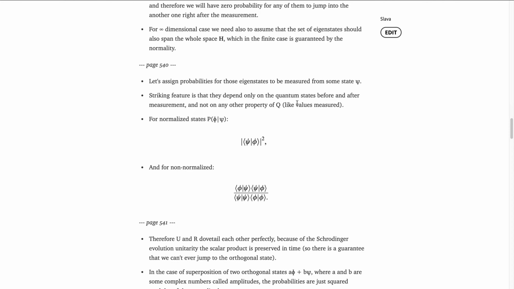So for normalized states, the probability of discovering the eigenstate phi, in the case of the system being in a psi state, will be equal to the squared modulus of the scalar product of psi and phi. And for a non-normalized state we also need to divide that squared modulus by the corresponding scalar products of psi and phi to normalize.